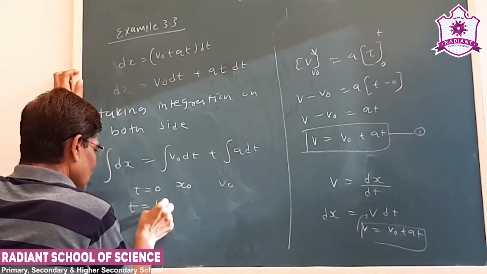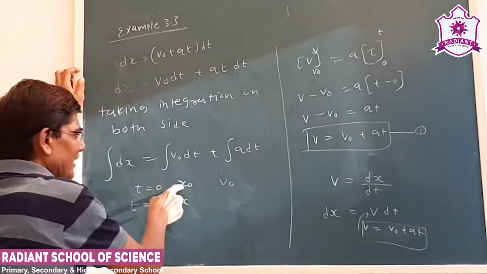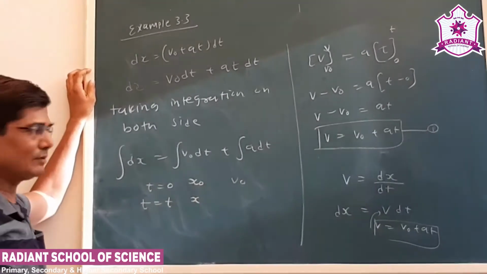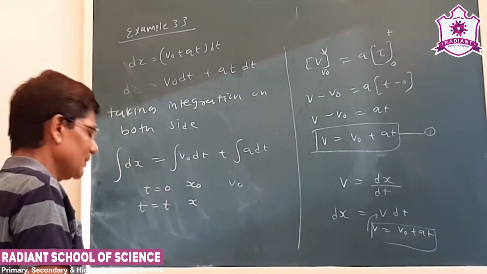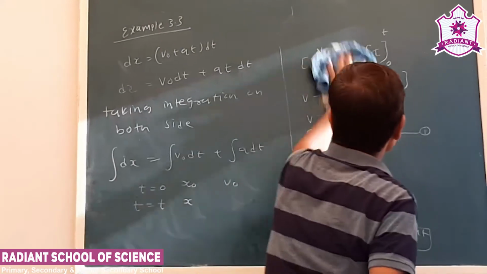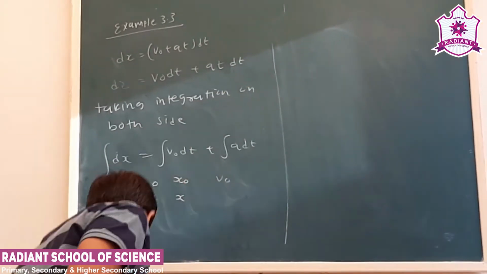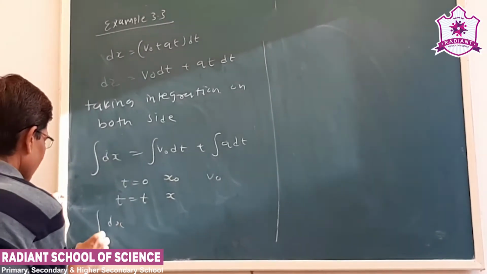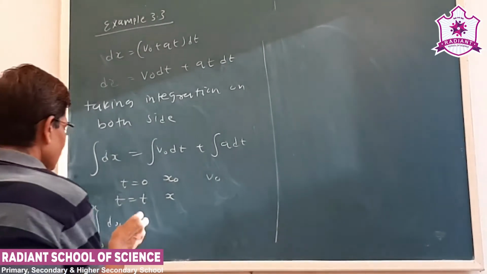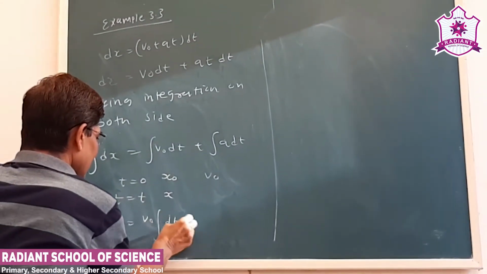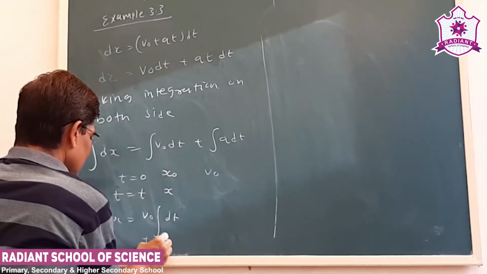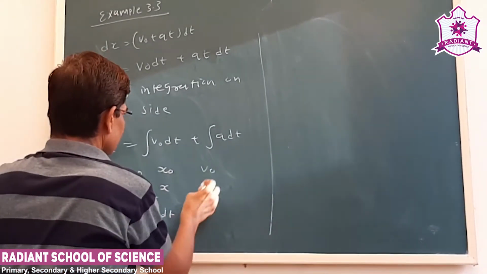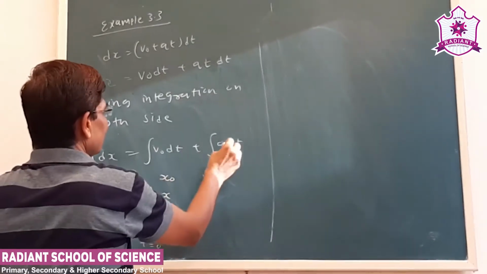At time t is equal to t, position is x. Here x0 we consider our initial position, and x is our final position. These are the limits of the integration that we have to use. So if we write with the limits, that will be integration dx from x0 to x is equal to v0, which is constant, times integration dt from t is equal to 0 to t, plus integration of at dt.